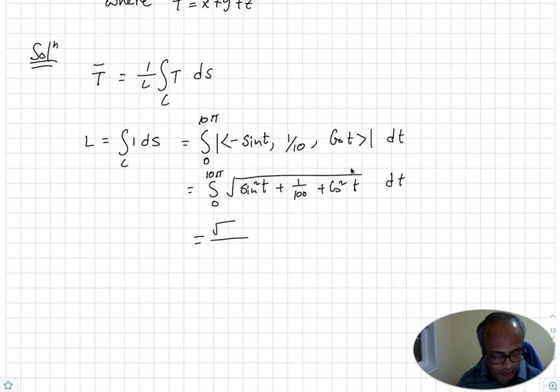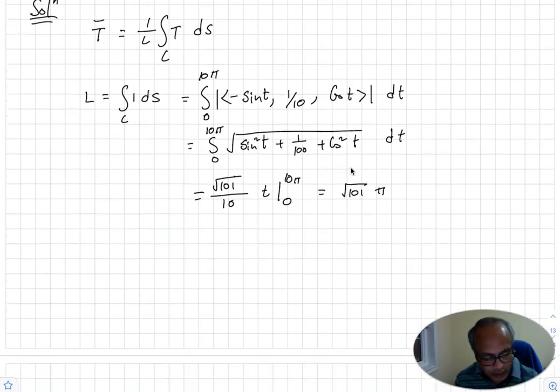So square root of 101 divided by 100, or divided by square root of 100, which is 10. And the integration from 0 to 10 pi dt, which is just t, from 0 to 10 pi. So if you substitute that, 10 cancels, square root of 101 pi, which is the length.